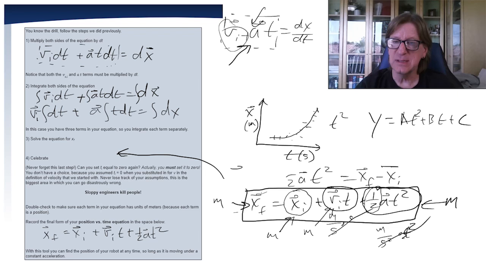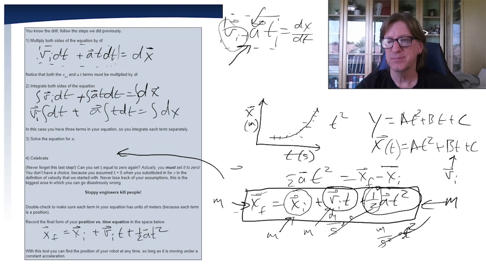And now we can see, since y is my x, so that's x as a function of time, it equals at squared plus bt plus c. So this term, b, must be my initial velocity. C must be what? Compare it to the equation that we wrote down here. Which one of these is c? Well, this must be my initial position.